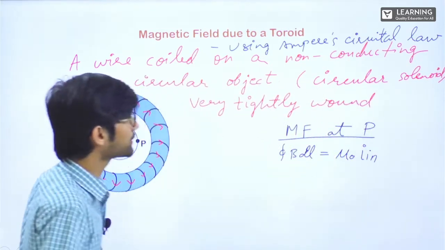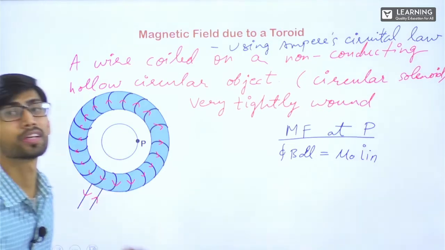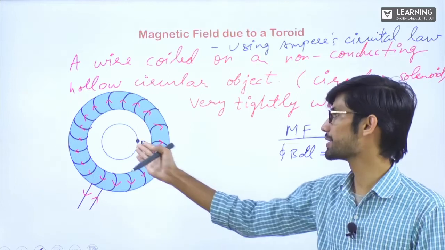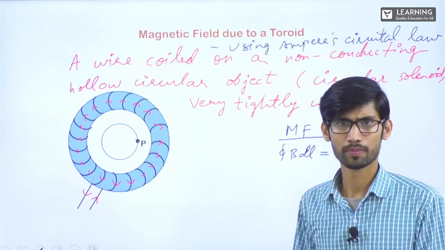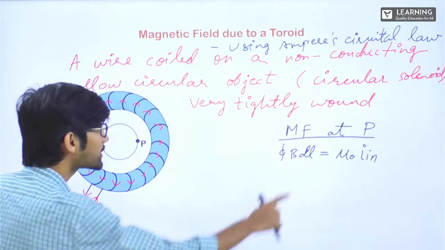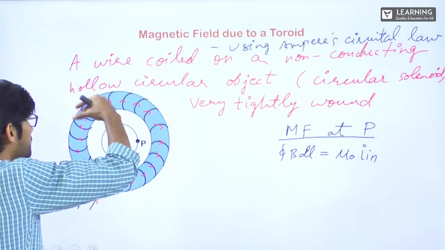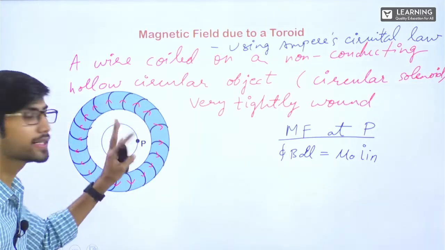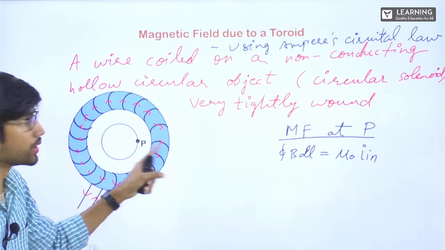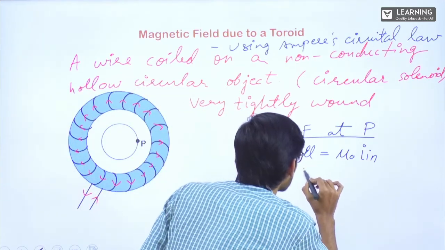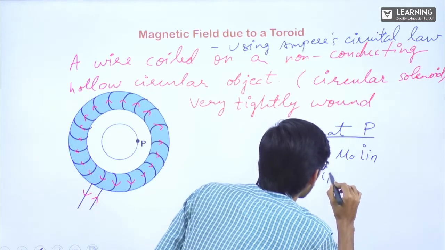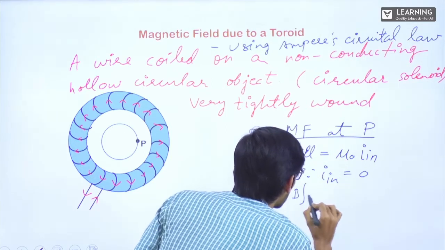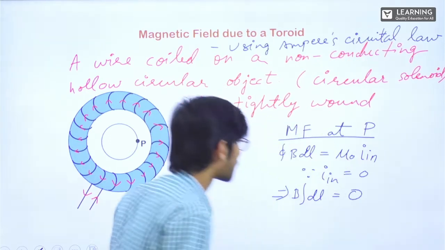How much I is there inside this Ampere's loop? 0. So 0 current is there, correct? Since all the current is there outside this, inside this loop there is no current. So I inside is 0, so B will come out, integral dl, that is equal to 0, correct?